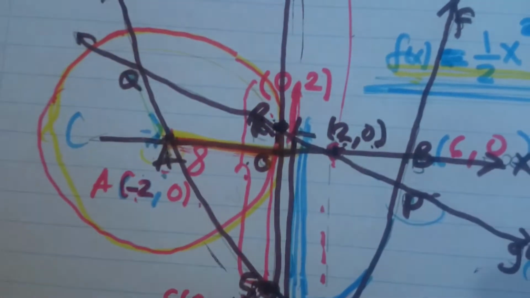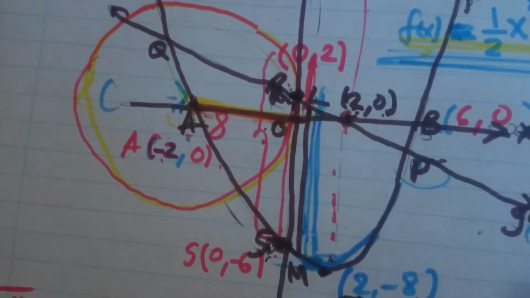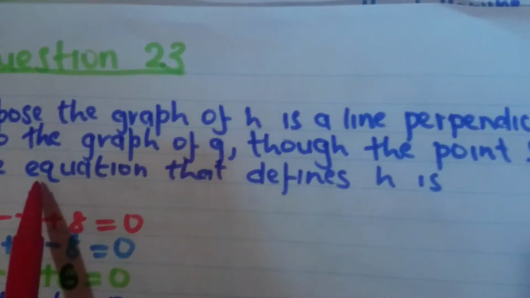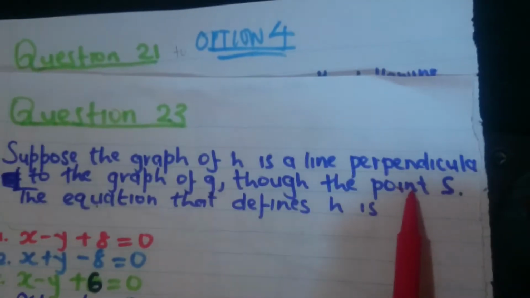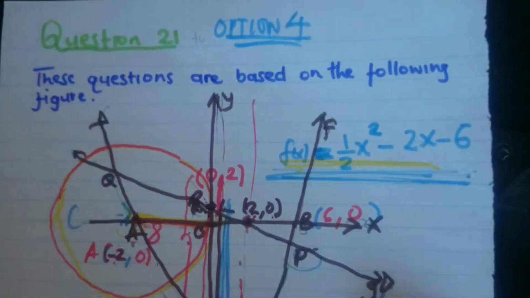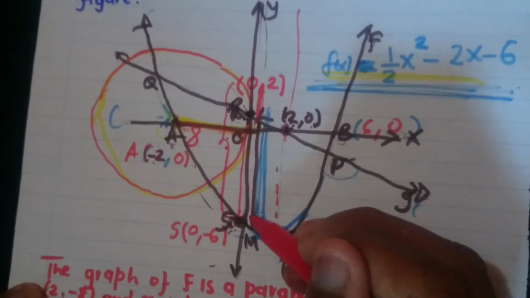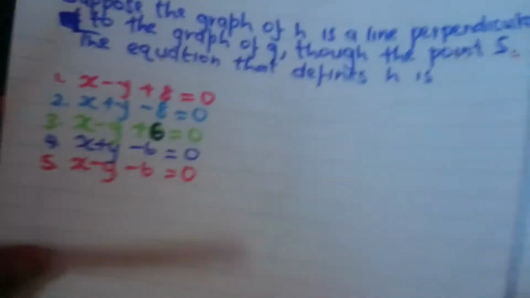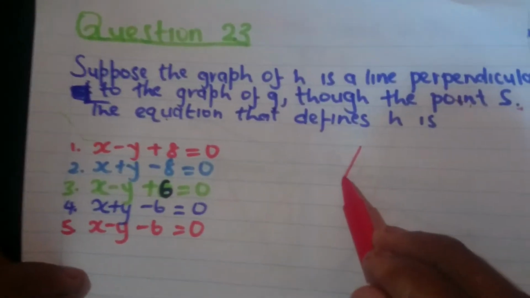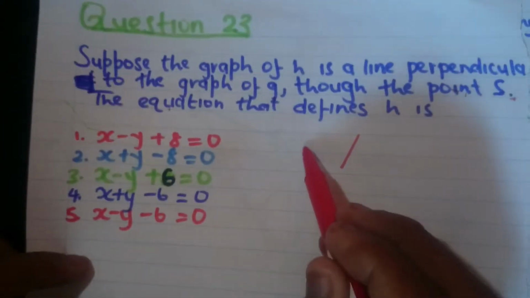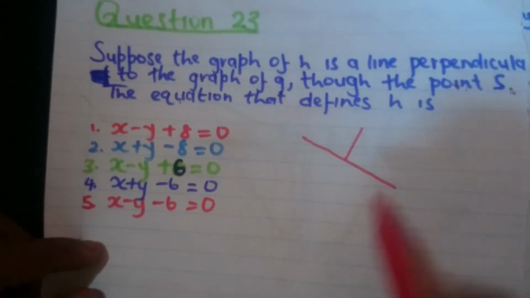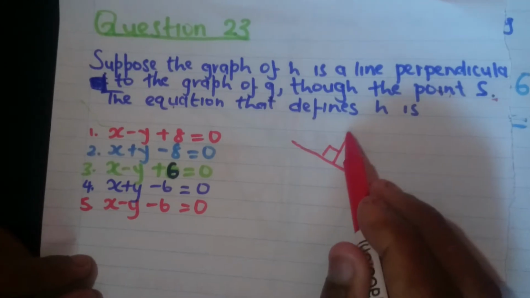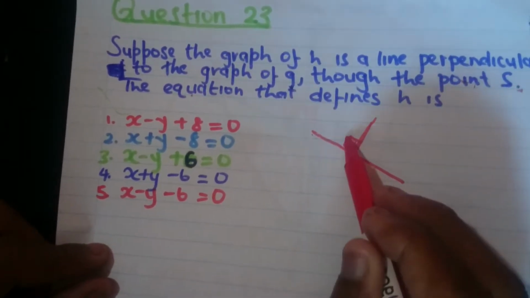So now what do they want? They want another line. They say, suppose the graph of H is a line perpendicular to the graph of G through the point S. I mean, this new line is going to come in. When you say perpendicular, let's say you have this line here, and then this other line here, and when this line is vertical and the other horizontal, they make an angle of 90 degrees.